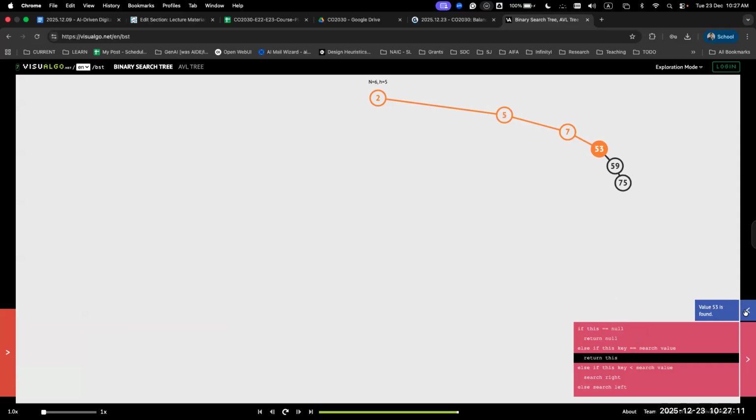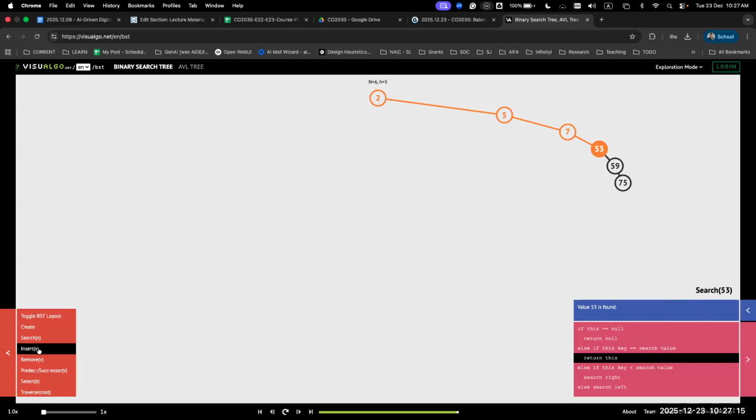Not just search, it also has, as you can see, insert, remove, finding the predecessors, successors, and traversing, meaning going through all the elements in a tree. We discussed these different types of traversal: in-order, pre-order, post-order.